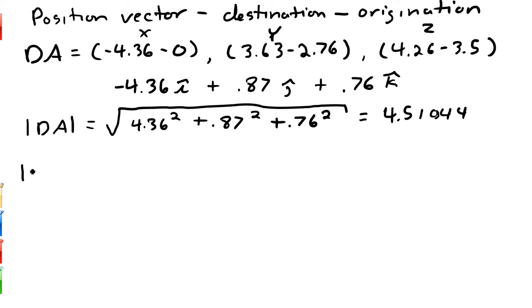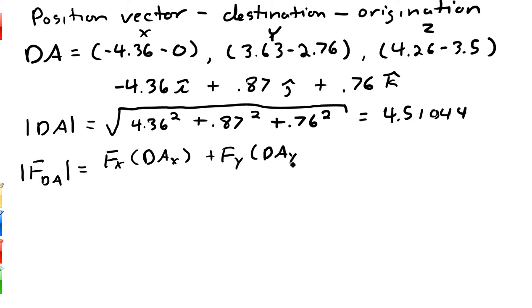The magnitude of F dA is going to be equal, we'll do this symbolically first, to your force in the x direction times dA in the x direction plus our force in the y direction times dA in the y direction plus Fz times dA in the z direction.